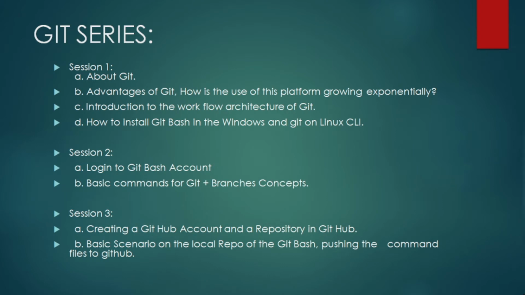We make some changes in the main branch, which is going to be master, add the changes, commit them, and push them to GitHub. So let me get through session 4 and session 5.